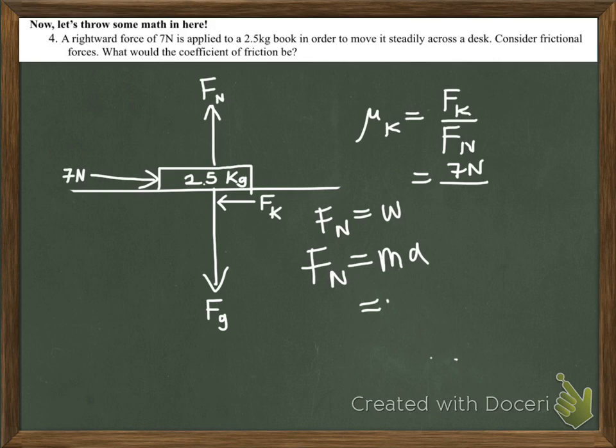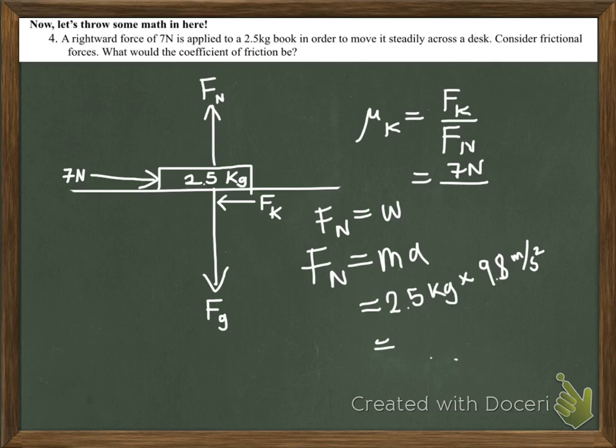We know that the mass is 2.5 kilograms. And keep in mind that we're going to be multiplying units with units. So right here it's going to be 2.5 kilograms times acceleration, which is 9.8 meters per second squared. That's the acceleration that gravity pulls us with.